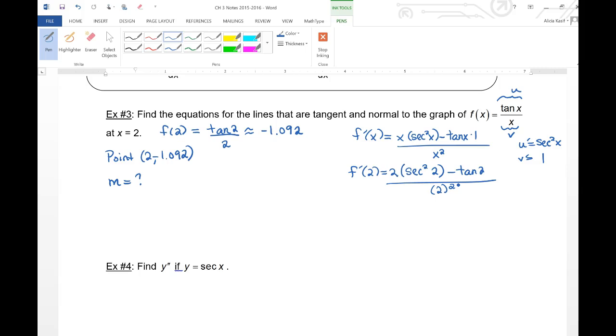So I'm going to type in 1 divided by cosine of 2 and square that. I'm saying just this part, that's what you would do to plug in. And then we multiply that by 2, and then we subtract tangent of 2, and then we divide the whole thing by x, and then square.